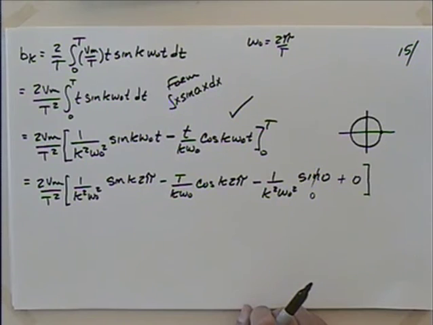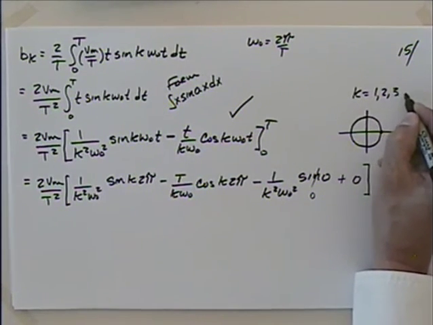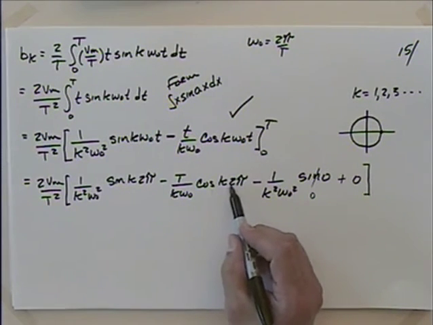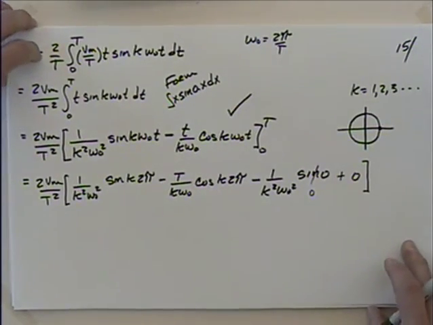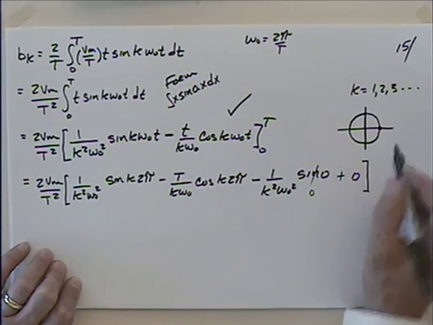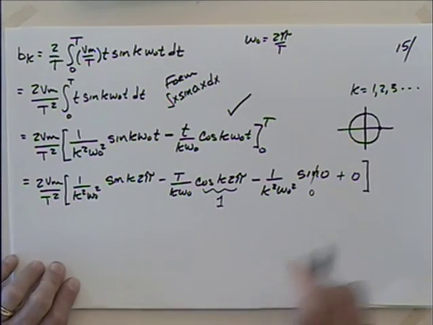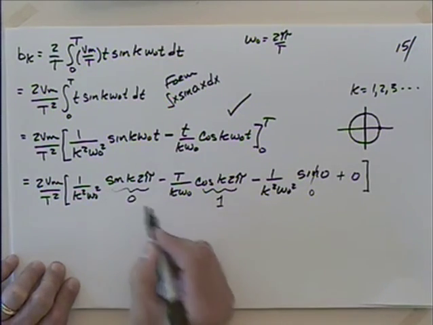And then if k is taking on the values of 1, 2, 3, and so on, if I'm looking at k times 2 pi, I'm always right back there, aren't I? So the cosine of that is what? Cosine is 1. And how about the sine? That's 0, isn't it?